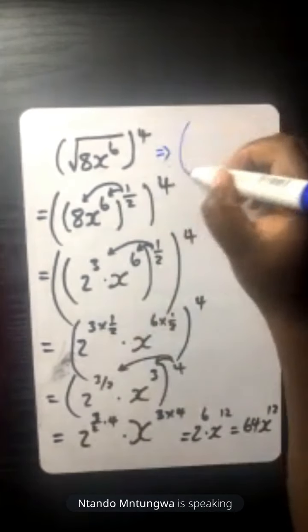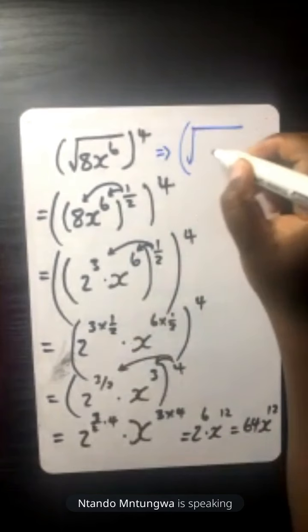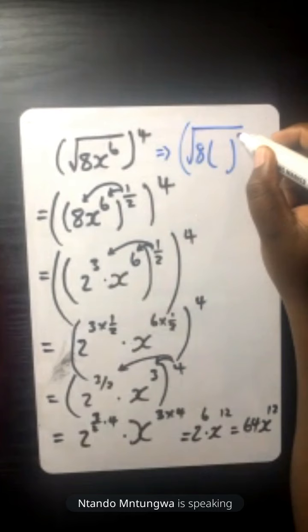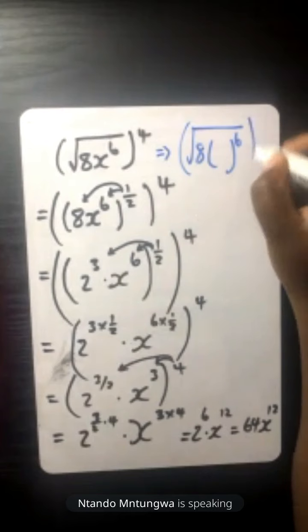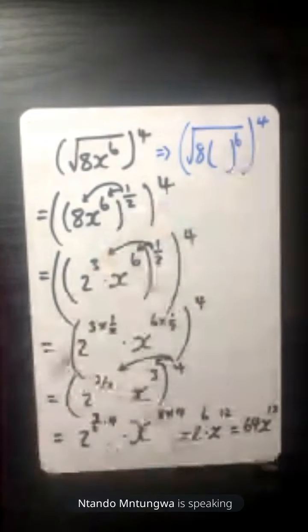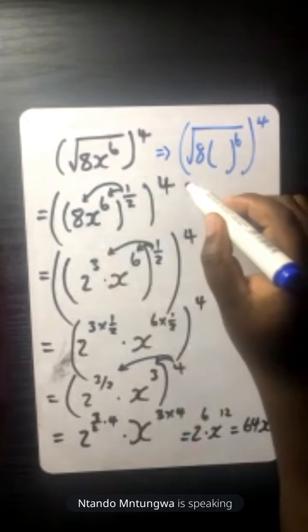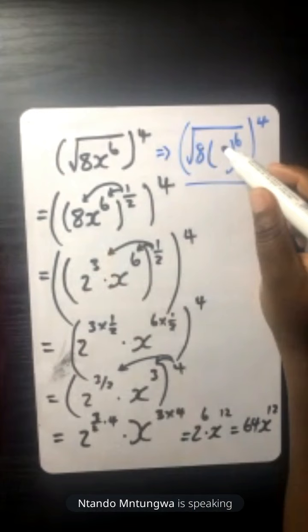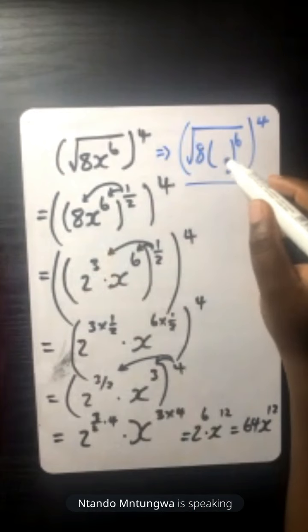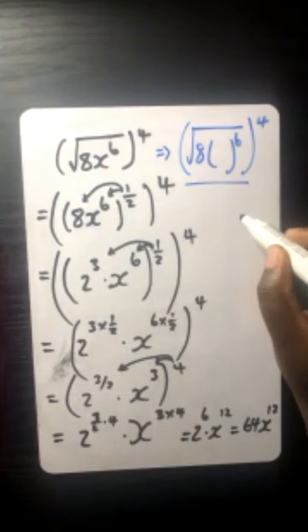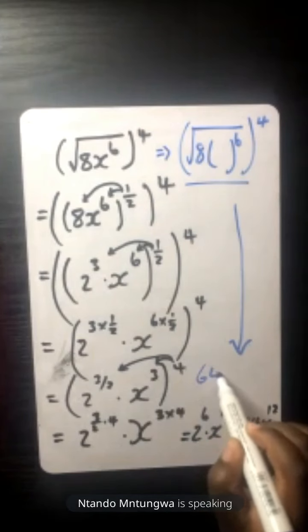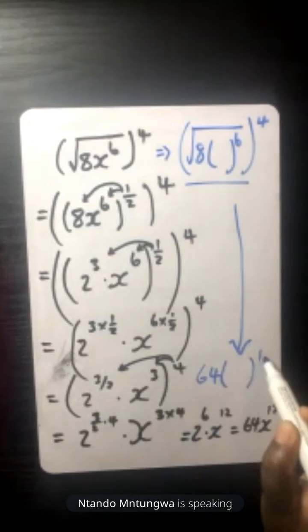Let's now prove if the answer is correct. Punch this on your calculator. Say square root of 8, multiplied by x, whatever number, then to the exponent 4. So punch this and substitute maybe 217 or whatever number that you like, and again punch that same number, put in 64, that same number to the exponent 12, and let me know if you get the same answer.